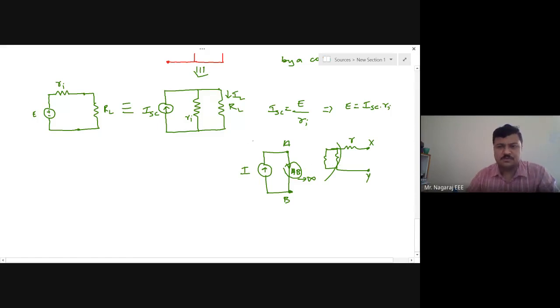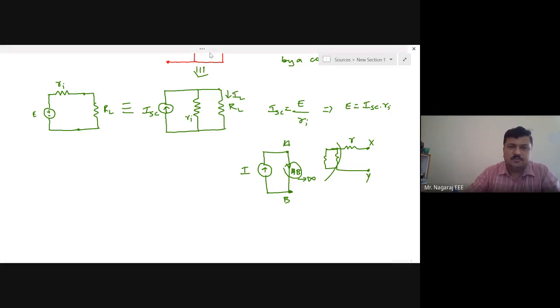This is all about the sources and especially source transformation, how we have taken the current source from the voltage source. Practically, current sources are difficult to realize. All the current sources come from voltage sources.